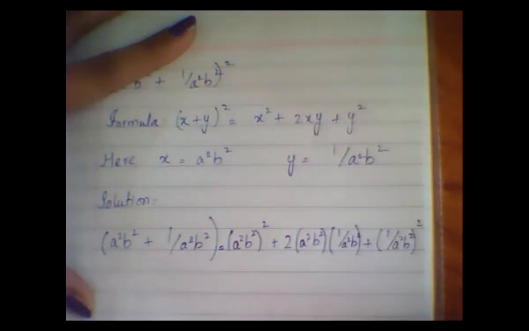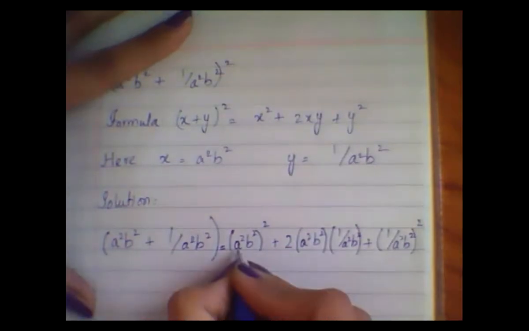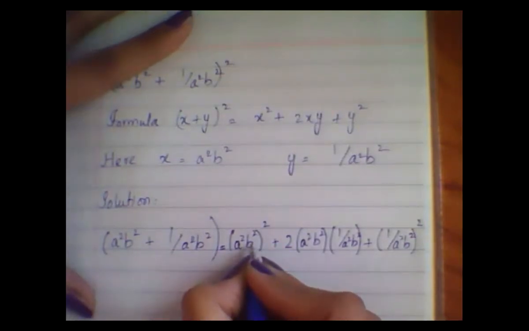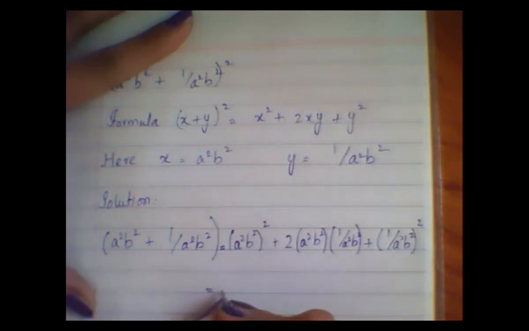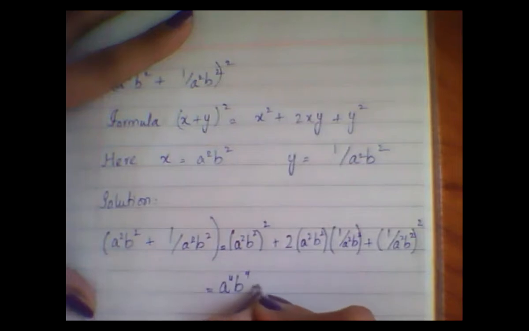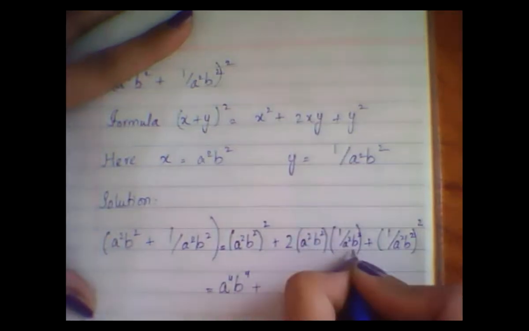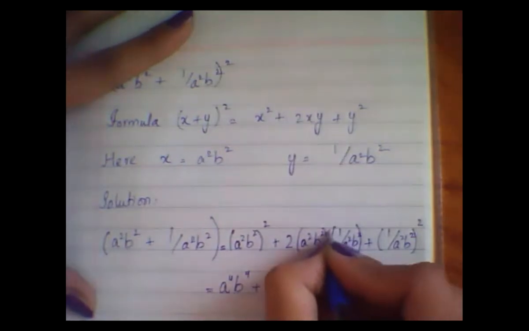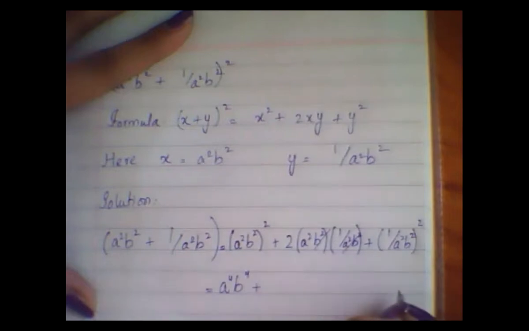Very good. I get the answer by Sheroz, by Ali, by Aisha. Now, students, (a square b square) whole square, what will it become? We get a raised to the power 4 and b raised to the power 4. Then plus, these two terms are the same, so here these two terms will be cancelled.